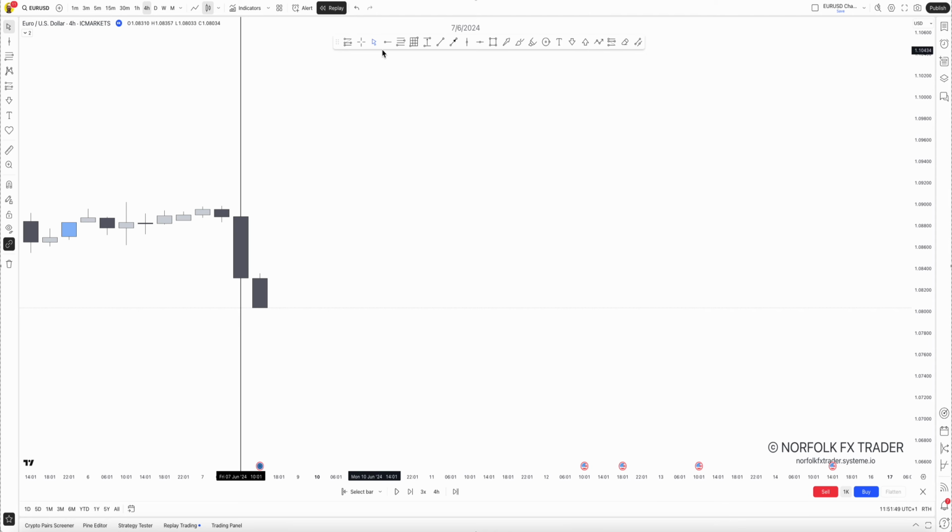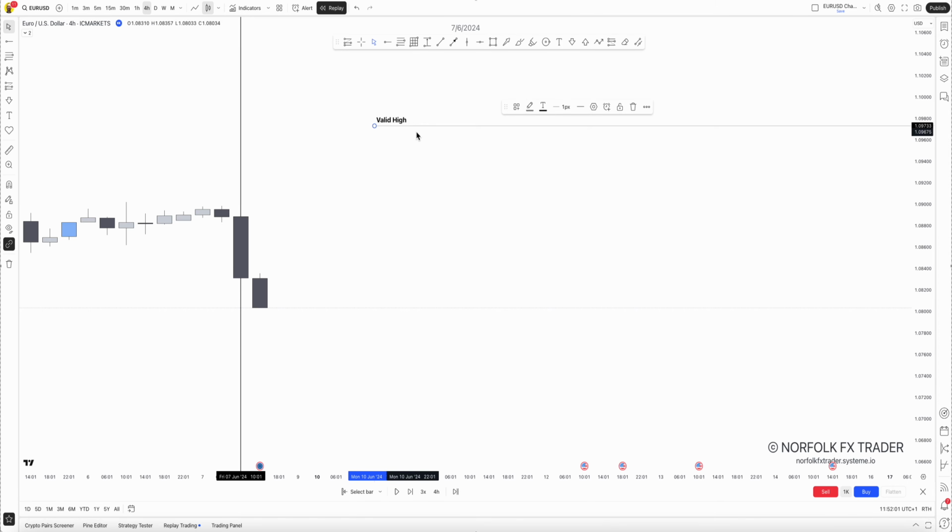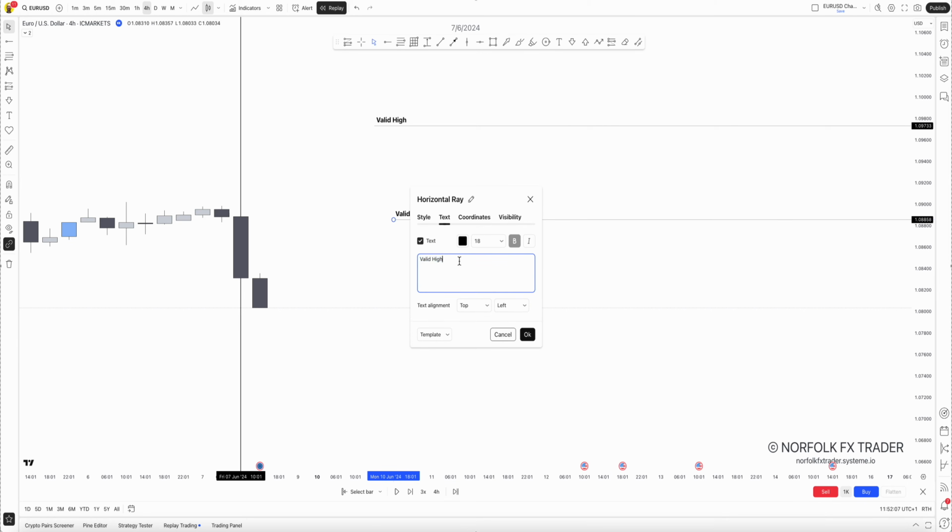Now, before we start, there's three things we want. We want a current high marked off. So we'll have this as a valid high, and we'll mark this out as the top. We'll duplicate this and we'll make this a valid low. Very, very simple.